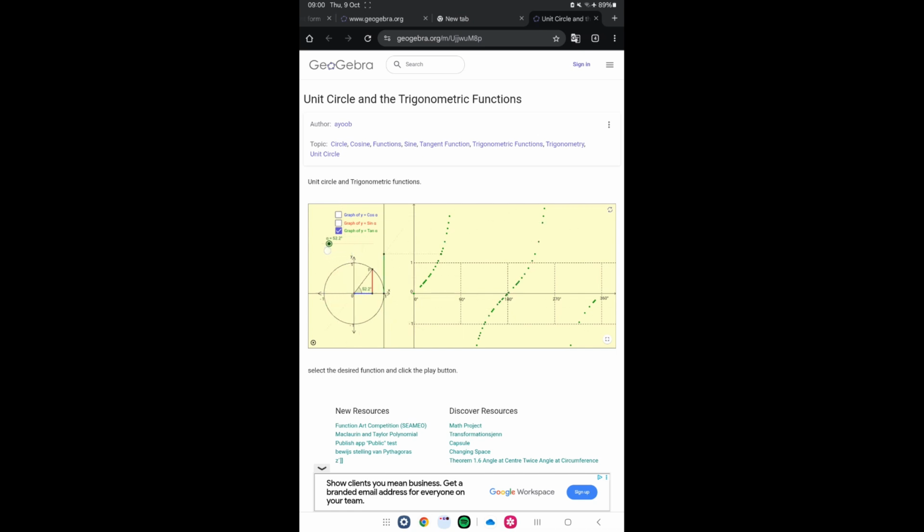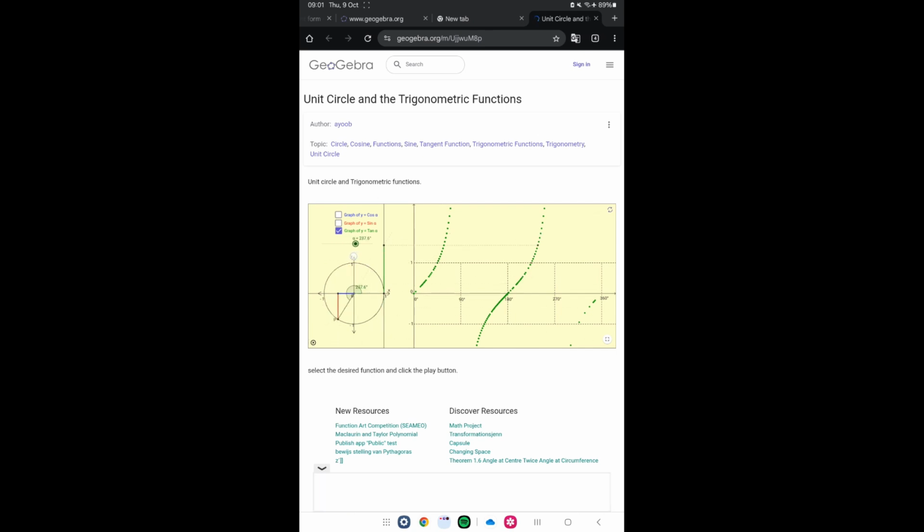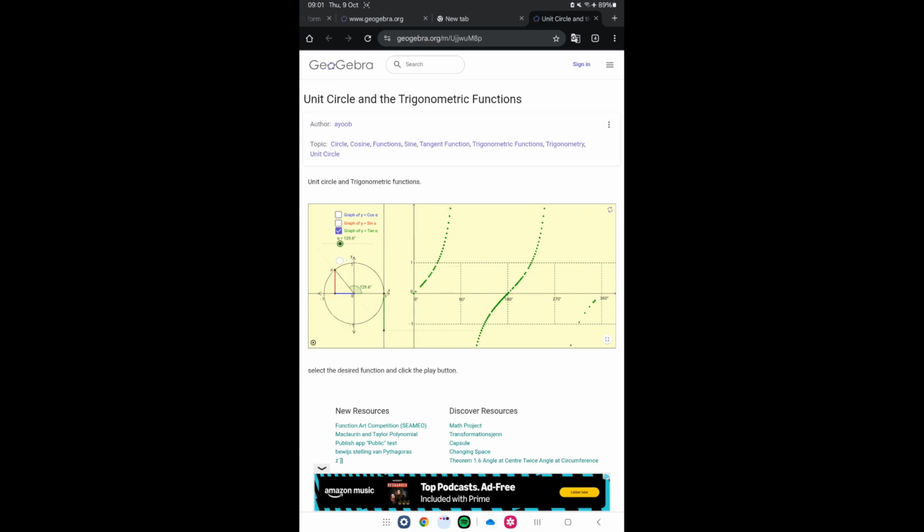Tan pi over 4, that's tan of 45. When we go from acute to obtuse, the sign changes. Tan 45 is 1, not just above 1, it is 1. And let's do tan of 135. Tan of 135 is minus 1.